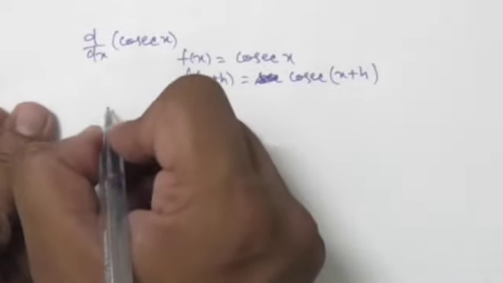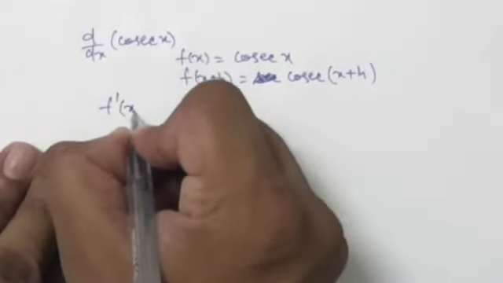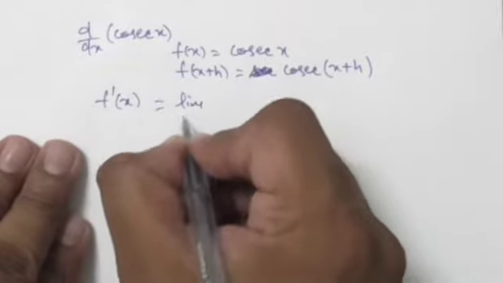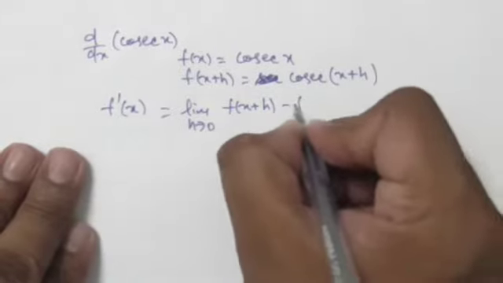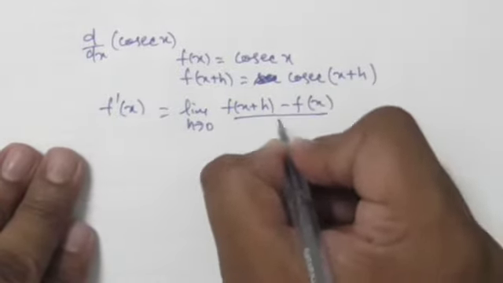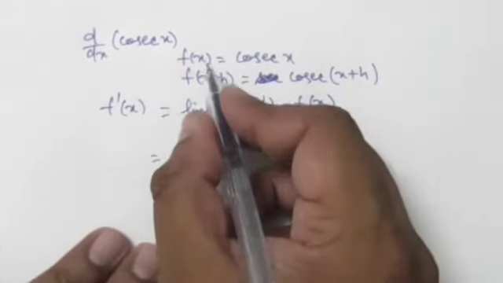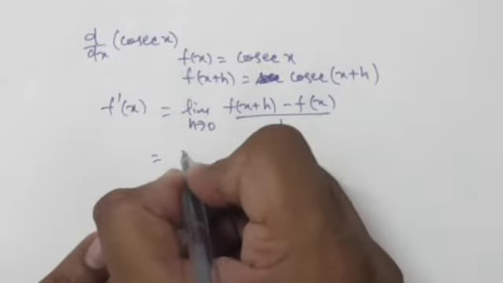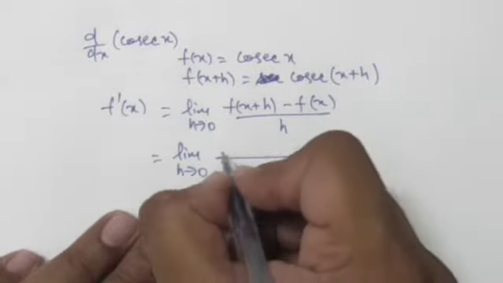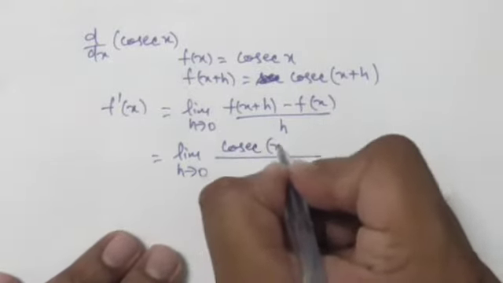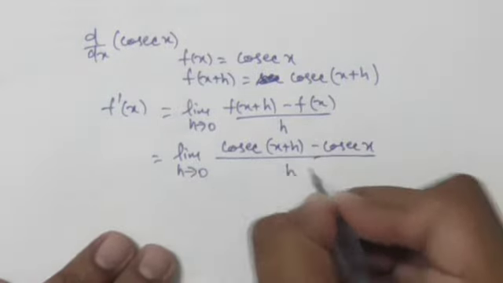Then the differentiation of cosec x with respect to x, or derivative of f(x) with respect to x, will be this limit. Now we will substitute the values of f(x) and f(x + h) here. So I will get limit h tends to 0 [cosec(x + h) - cosec x] upon h.